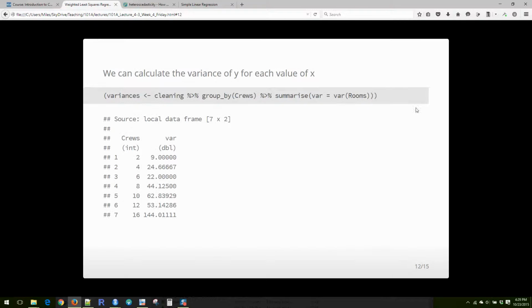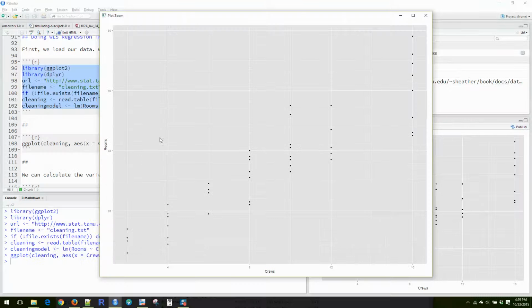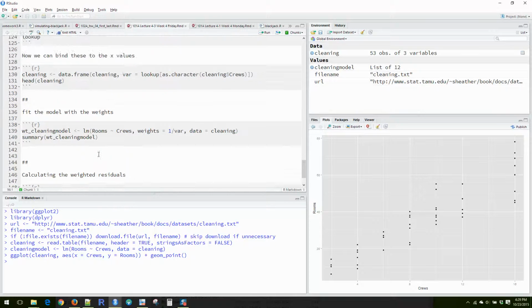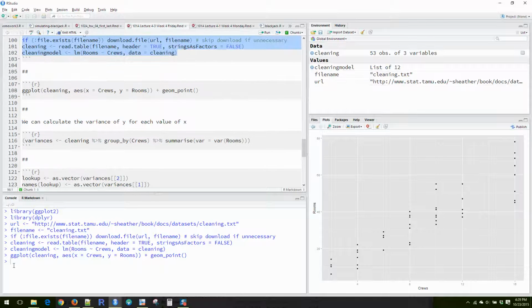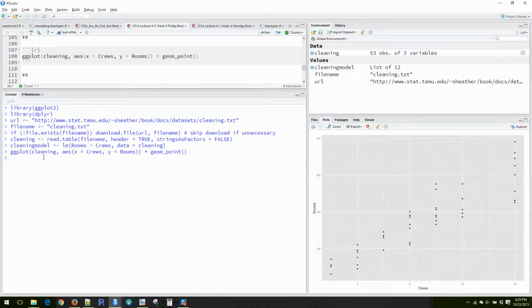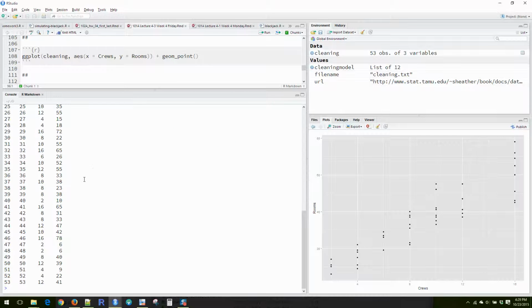So I'm going to use dplyr here, and I'm going to take our cleaning data. If we look at head of cleaning, this is what we have. We've got crews and we have rooms, right?